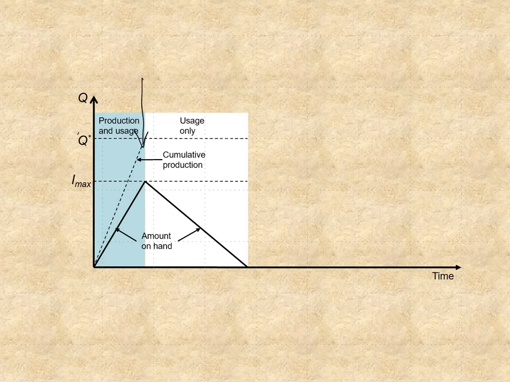And then we move on to usage only stage. In the usage only stage, you're going to see that the amount on hand keeps decreasing because we do not produce anymore. At the time point we stop production, we have Imax, which is the maximum amount of inventory on hand.